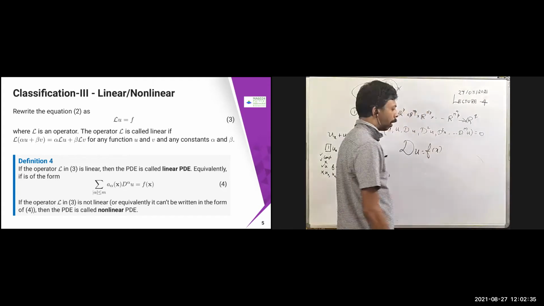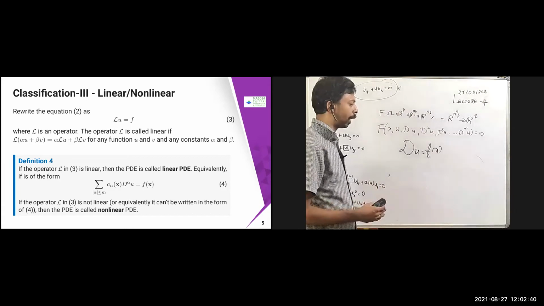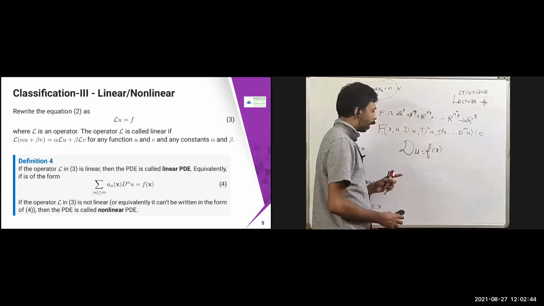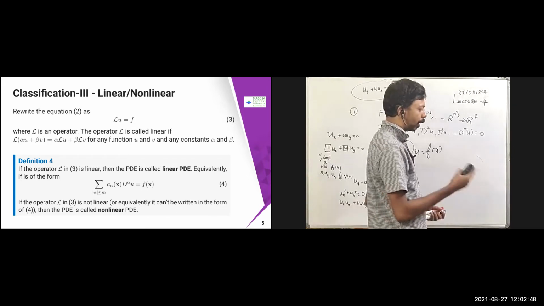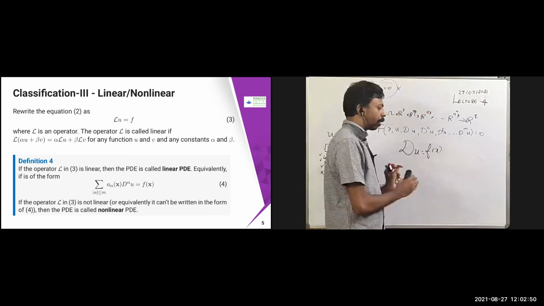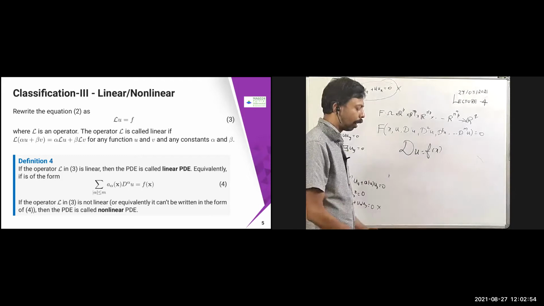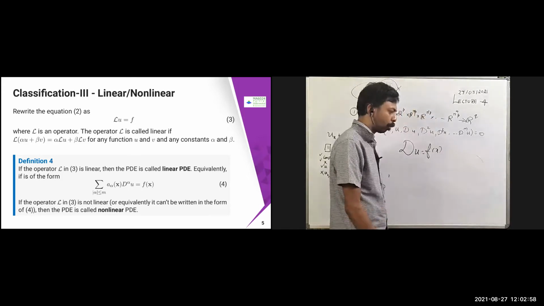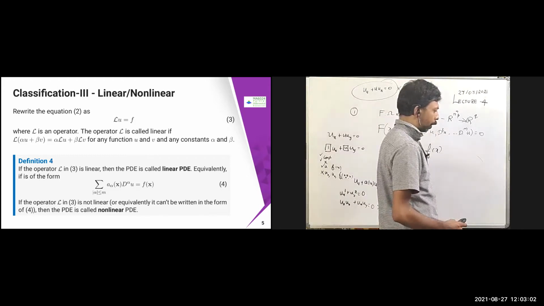Non-linear PDEs we also classify as quasi-linear, semi-linear, etc. If the operator L is linear, I can write the equation as the summation of a alpha of x times D alpha u, meaning all the coefficients of D alpha u should be a function of x alone, where x belongs to omega. If it is not linear, then we say it is a non-linear PDE.